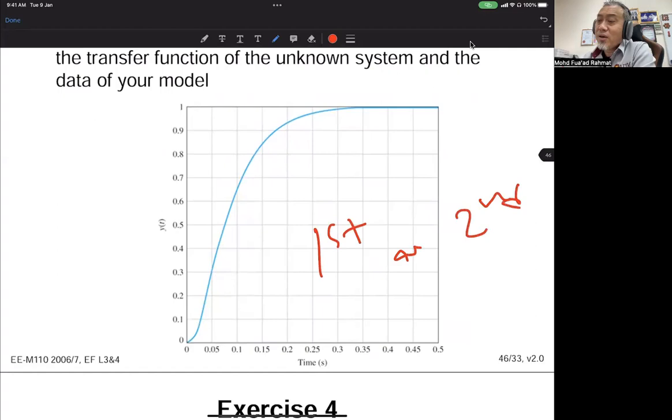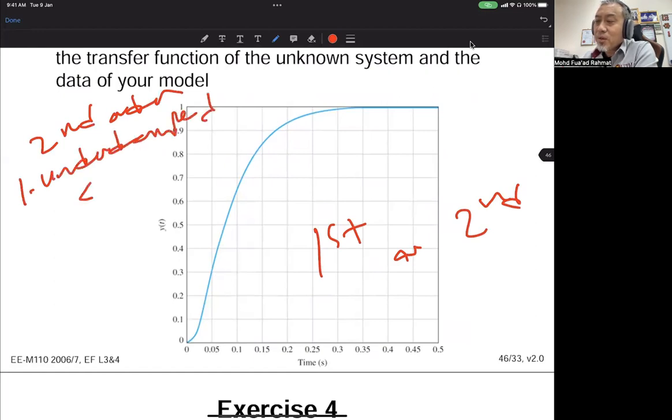Okay, second order we have 5 categories. First is the underdamped. The example shown is underdamped, where zeta is between 0 and 1. Then undamped, where zeta is equal to 0.